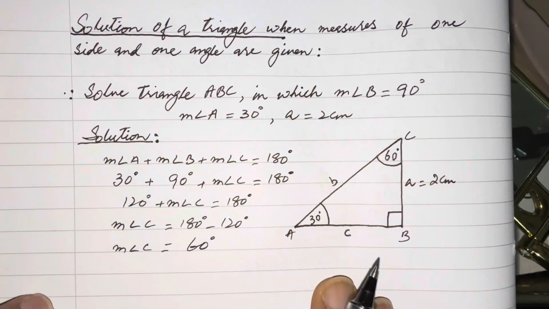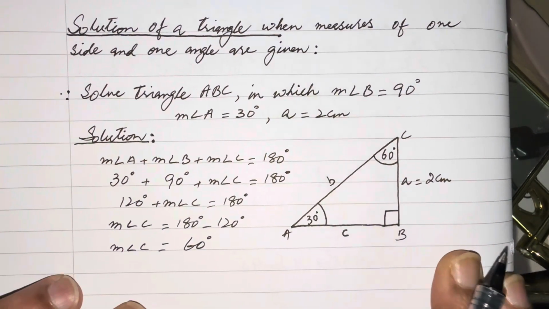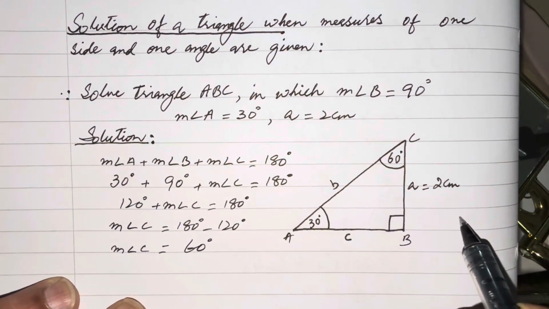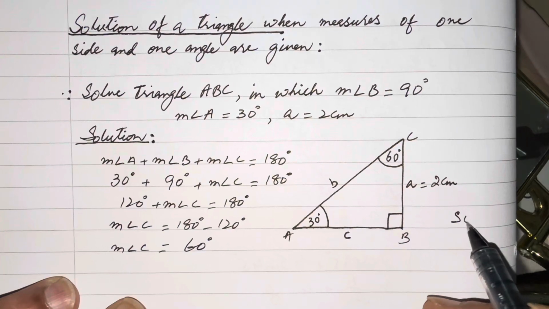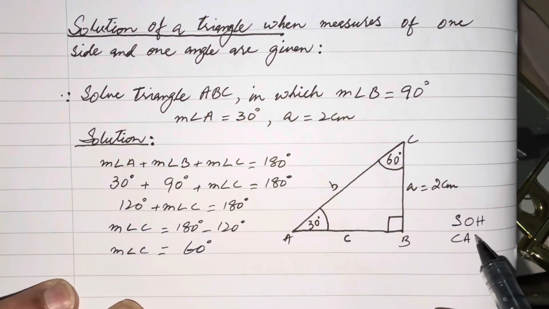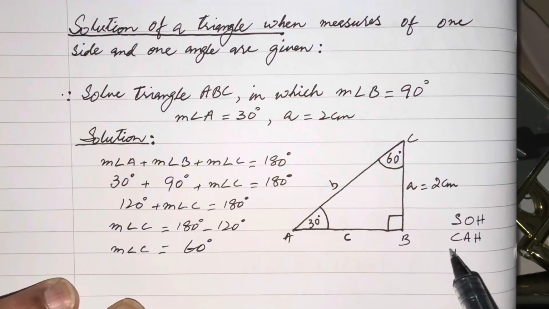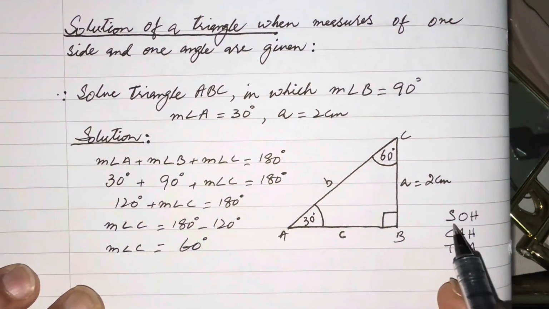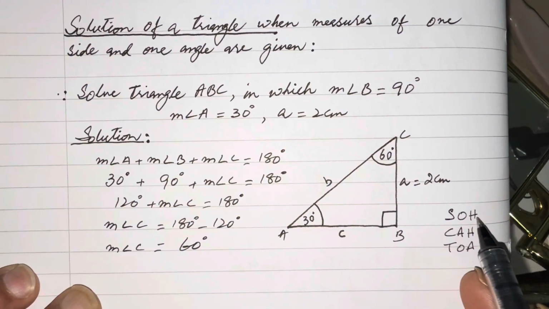If you remember, we have learned about the three magical words. These are called SOH, CAH, and TOA. S for sine, O for opposite, H for hypotenuse.